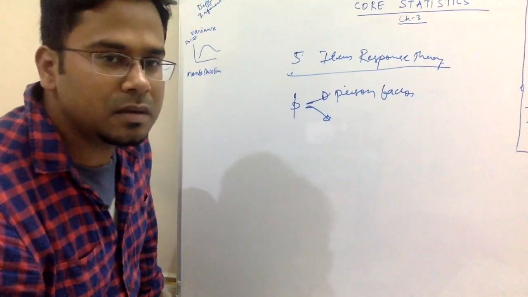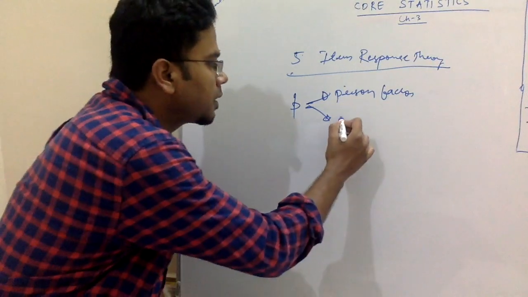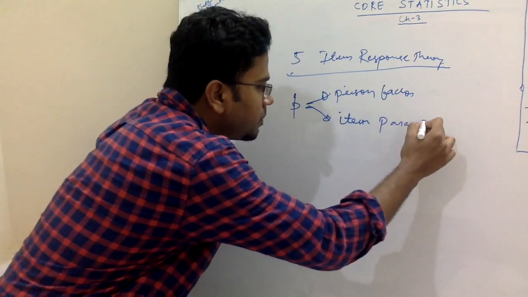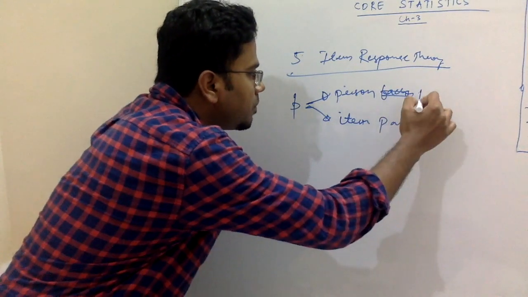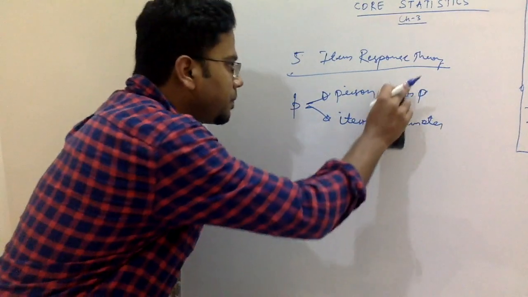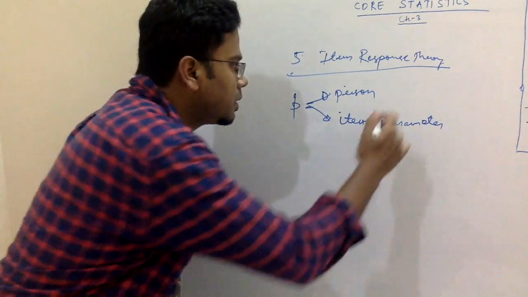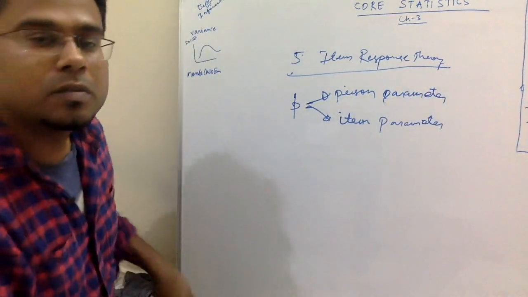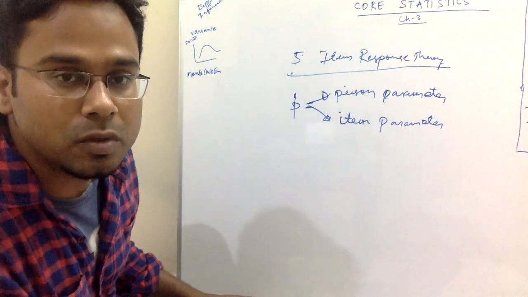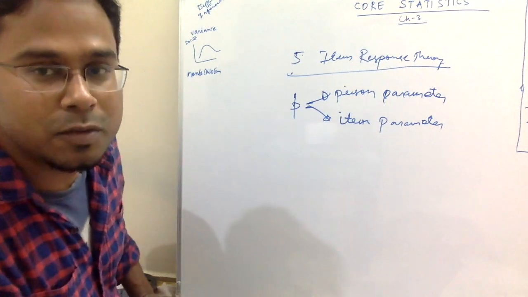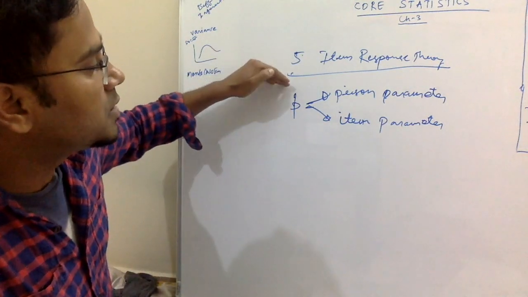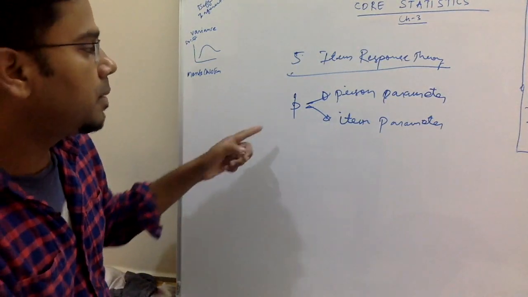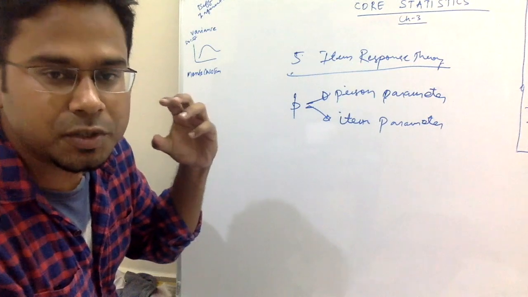And the second one is the item factor, or item parameter. I will use boards in all my videos now because it makes things easier for me and you, both of us. Anyway, so this is the person parameter and item parameter. It says that the probability is the probability of one particular question being correct.